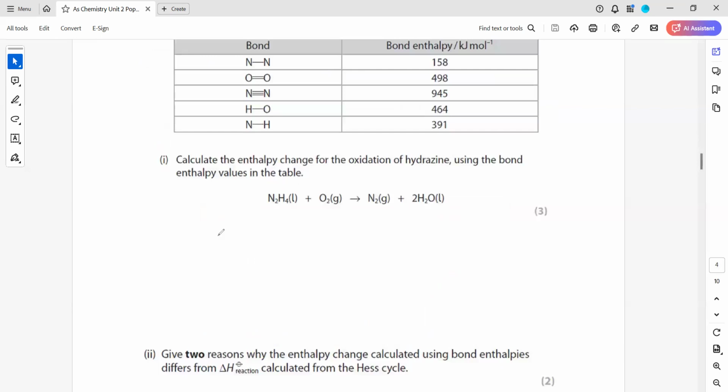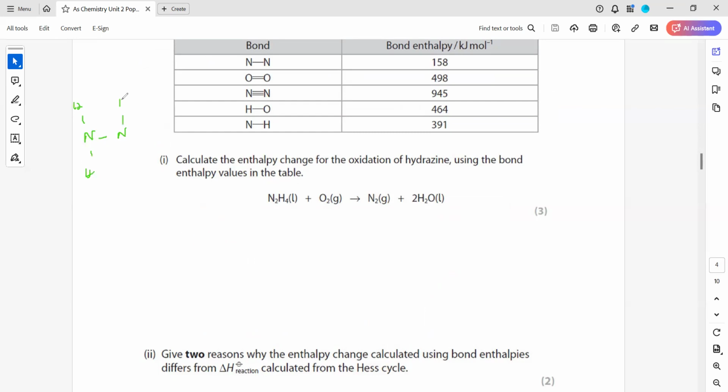So here, the structure of hydrazine is N double bonded with N, and then, sorry, not a double bond, it will be a single bond, because nitrogen can form 3 bonds.